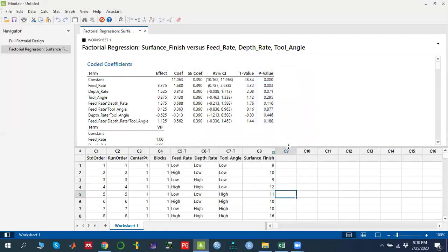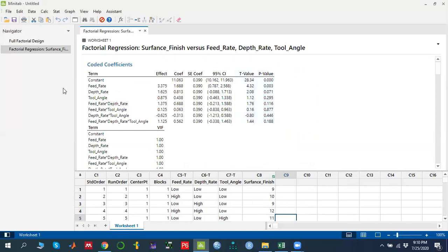Okay, so in order to interpret it, from the interpretation perspective, we have the coded coefficient. That coded coefficient means when we are talking about the feed rate, it's either low or high, right? So right now we are talking from the perspective of this particular factor, and we can see the corresponding p-value.